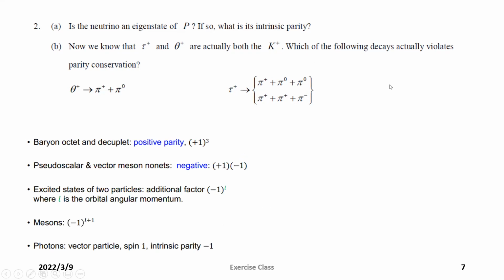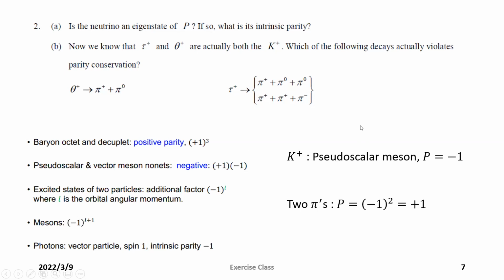So on the left-hand side, we have the kaons. And the kaon is one of the pseudo-scalar mesons. So the parity will be -1. So on the left-hand side, P is equal to -1.